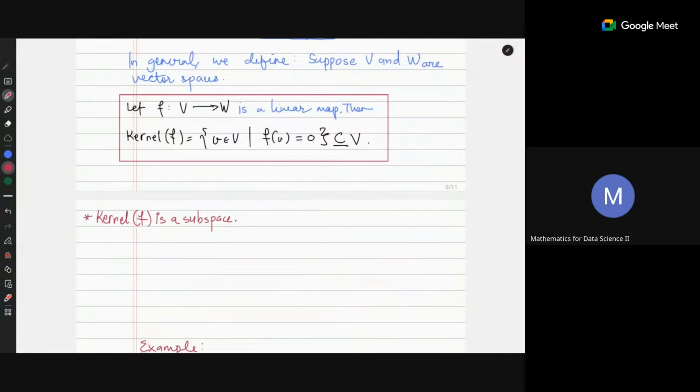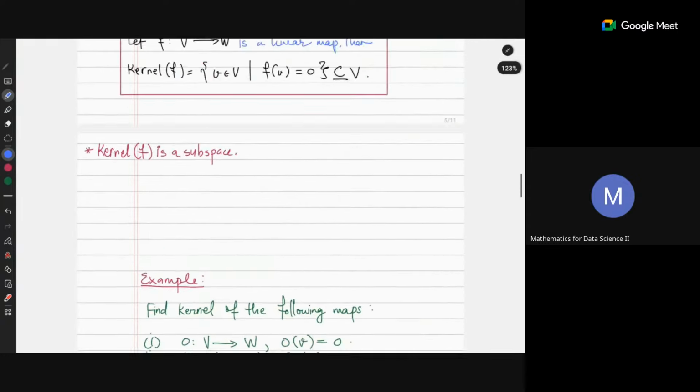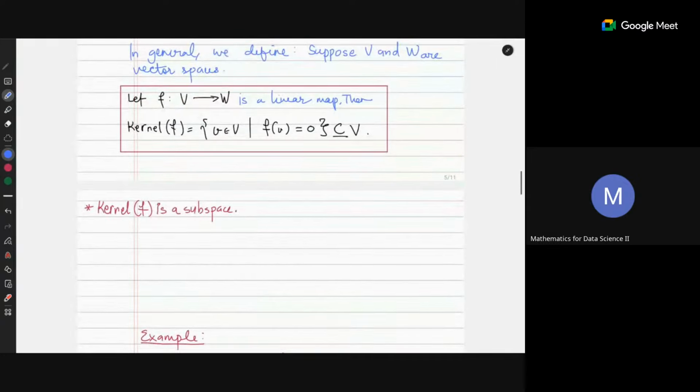Kernel is a subspace. How do we see that? So what is a kernel? Kernel is the collection of all those vectors whose images are the zero vector. So what do I need to check?